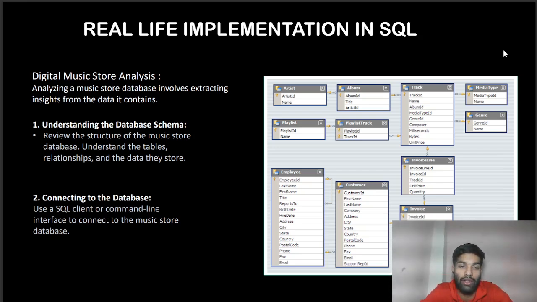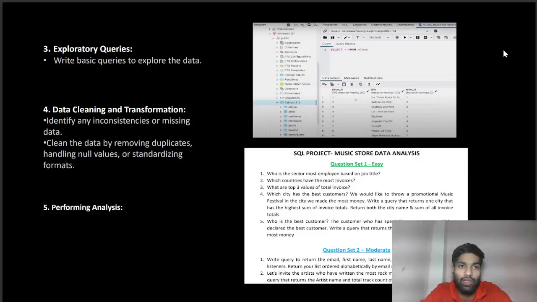After that, the second step is connecting to the database. Use a SQL client or a command line interface to connect with the database. The third step is to write some basic queries to make sure that you are connected with the data.